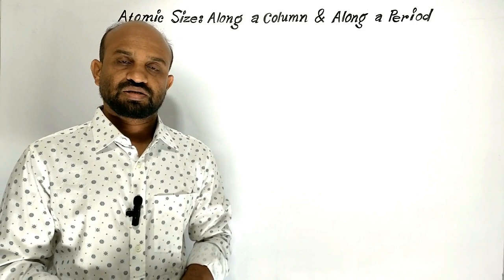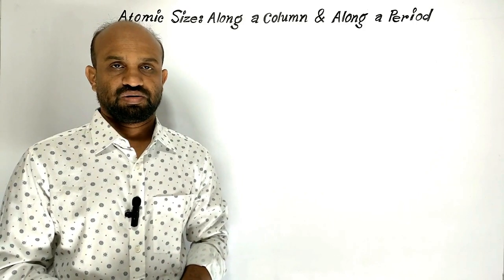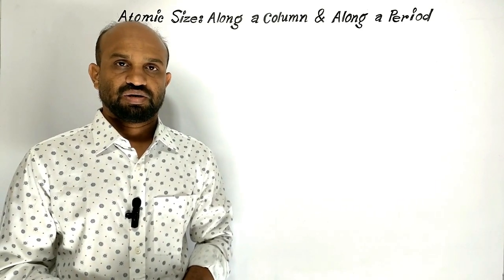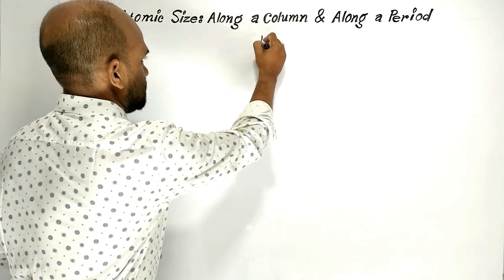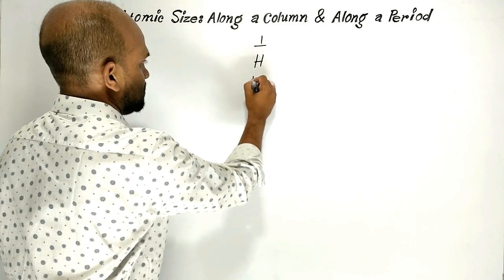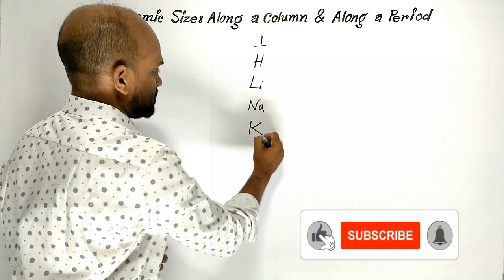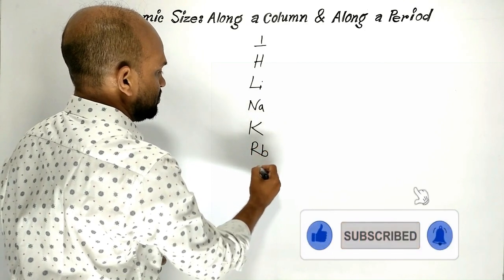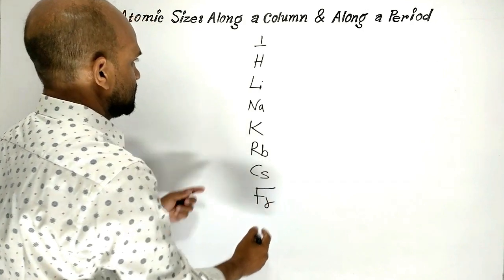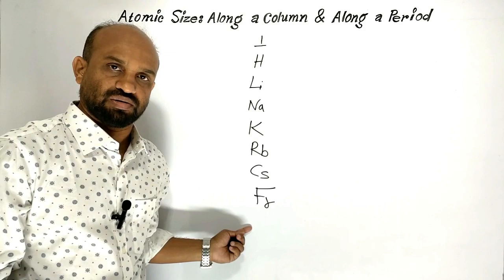For example, let us take one column and one period from the periodic table: column 1 and period 3. The elements in column 1 are hydrogen, lithium, sodium, potassium, rubidium, cesium, and francium.